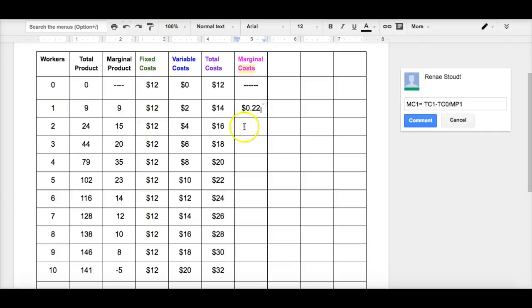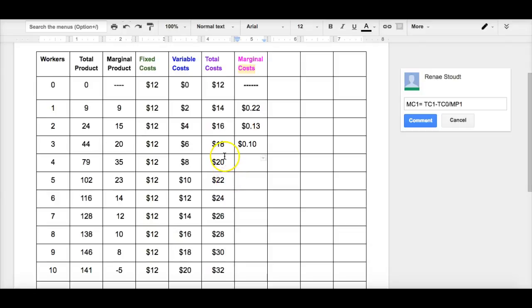At 2 workers, we're going to subtract 16 minus 14, which is 2, divided by 15. Put it in your calculator app, 2 divided by 15, and you should get 13 cents. We're rounding. Remember, this is money, so we're rounding to the nearest penny. For 3 workers, we're subtracting 18 minus 16, which is 2, divided by 20. So 2 divided by 20 will give you 10 cents.